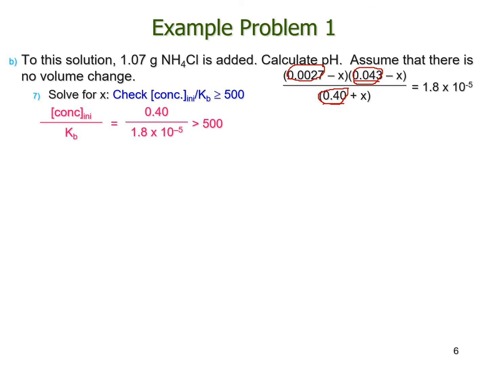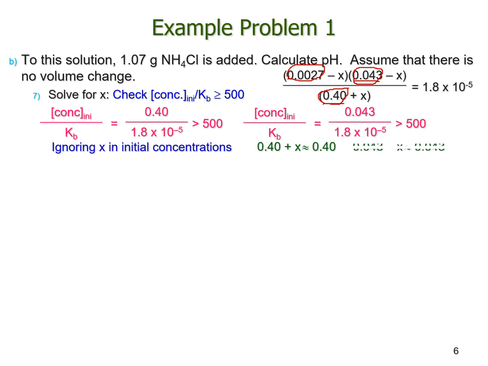If we go one more step by checking the 0.043 to see whether it applies the 5% rule, we find out it still applies. That means we can take x off of both of these terms.